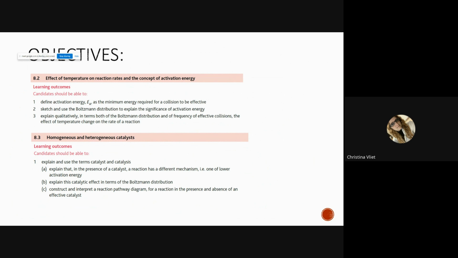So, let's go ahead and get started. These objectives we actually did last class, but I am going to be going quickly back over them today. That's why you see them copied in. We went over the definition of activation energy. They say to define it as the minimum energy required for a collision to be effective.